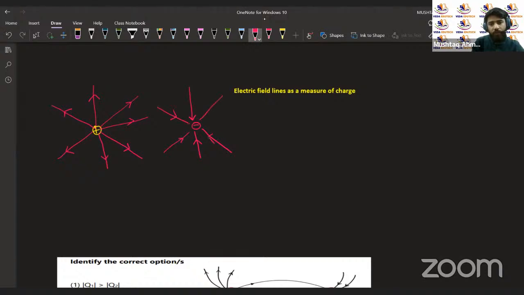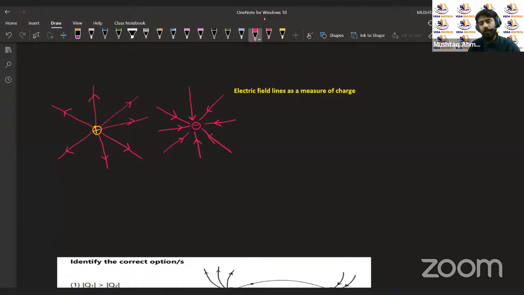This is how the electric field lines are directed towards the negative charge. So the important point is that electric field lines originate from a positive charge and terminate on a negative charge if the two charges are in the vicinity.